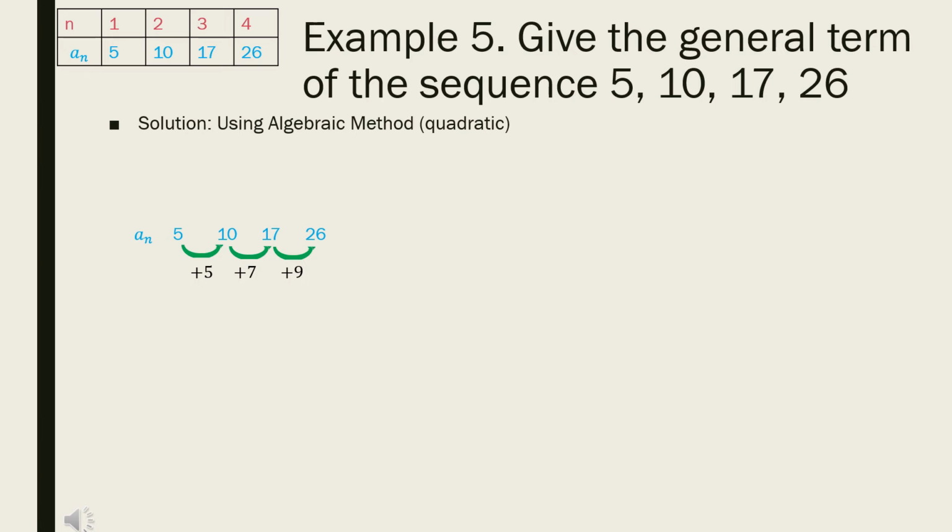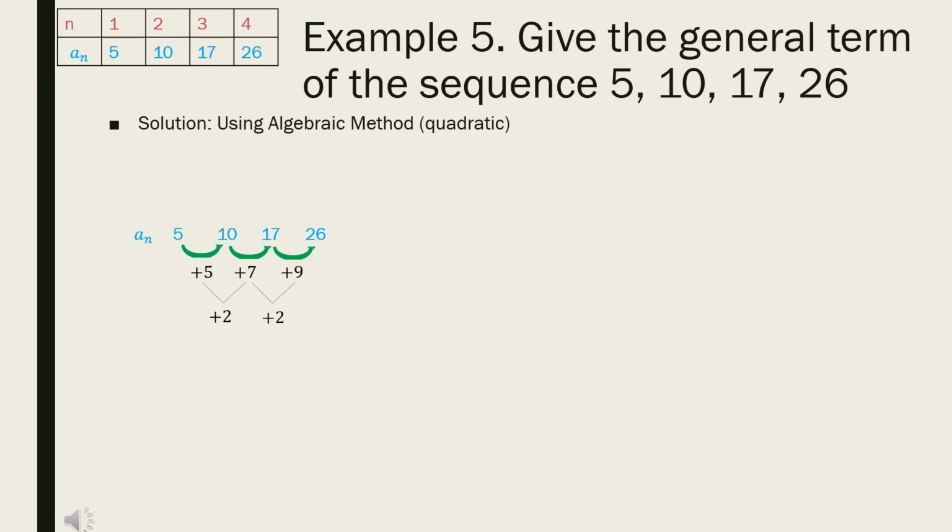That 5, 7, and 9 is the first level of increase. For the next one, try to see if the second level has the same rate of increase. We have 5, 7, and 9, so its rate of increase is plus 2.